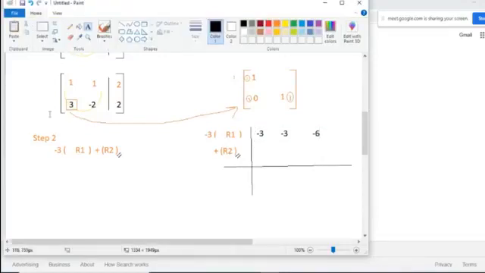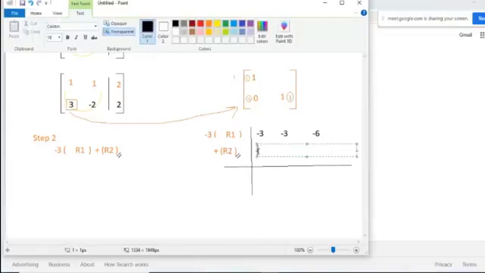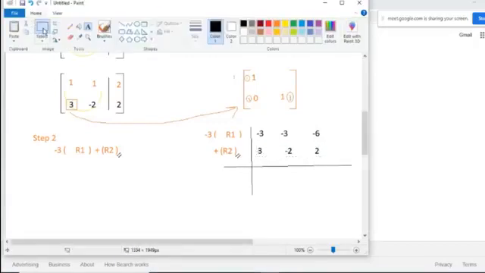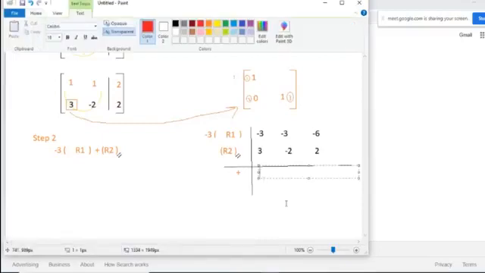What about R2? R2 stays the same, no change. Then it will be 3, -2, and 2. Then make addition between those numbers. Add them together and give me the answer. The answer will become what when you add them? 0.